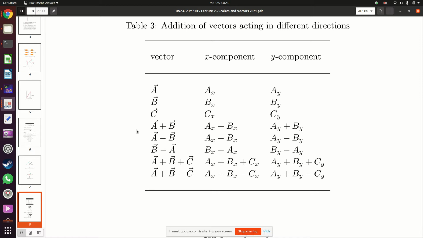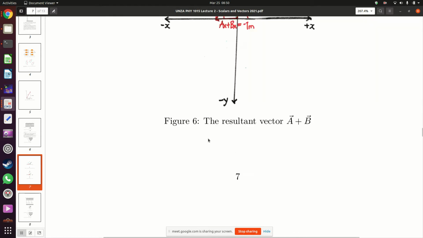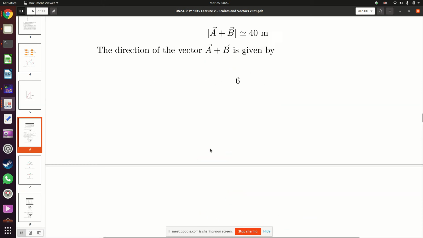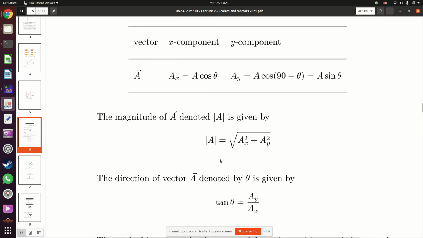The magnitude of the vector is, you take this a plus b plus c, you square its x component, then add the square of its y component, and put the whole thing under a square root. You're following this Pythagoras theorem thing here.